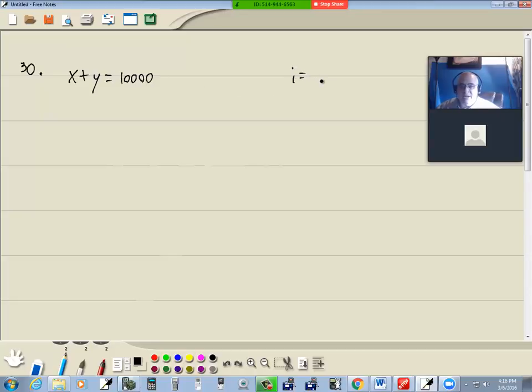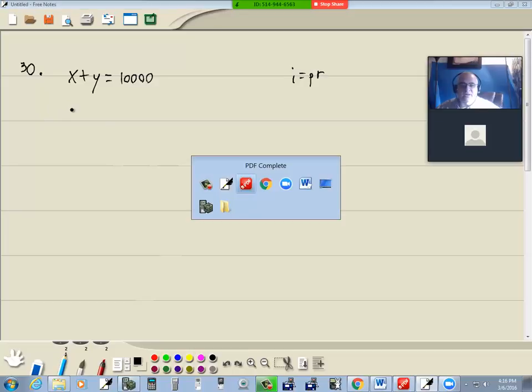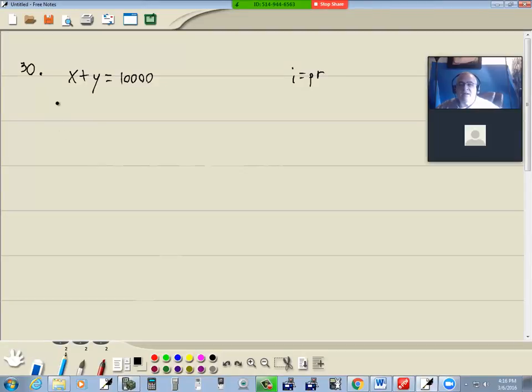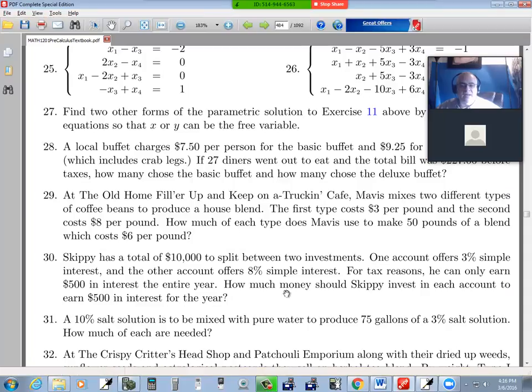Now the second equation is based upon where you take your amount in the account times your percent. So the x we'll assume is the 3%. So we'll have 0.03x plus 0.08y, since the other one is 8%.